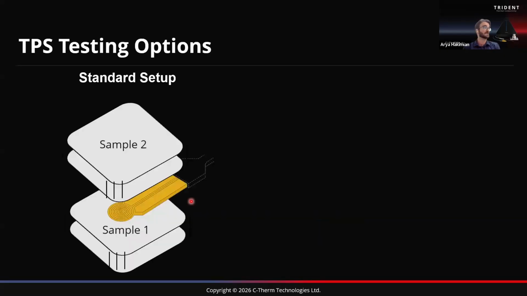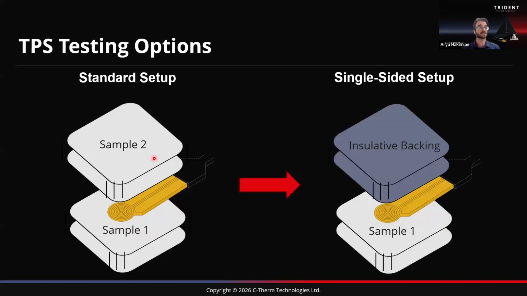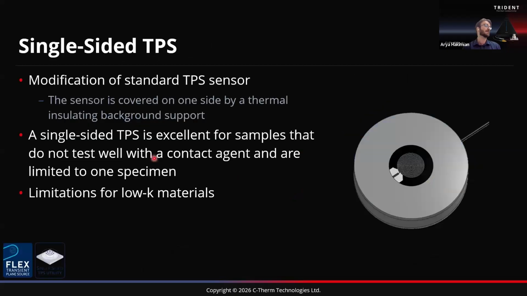And just to address that, when you look at TPS, yes, your standard configuration is double-sided, where you have your two samples on either side of the sensor. But there does exist a single-sided setup configuration for the TPS method. So when you're limited to one sample, there are additional configurations or options that you can operate the sensor with to accommodate limited sample availability.